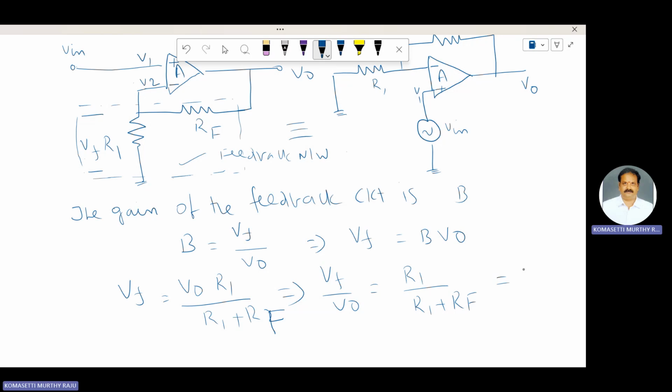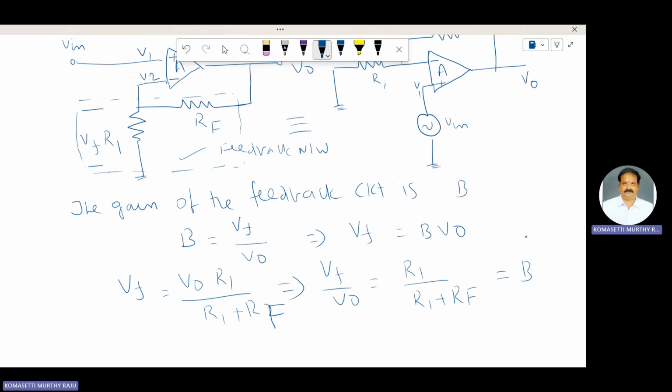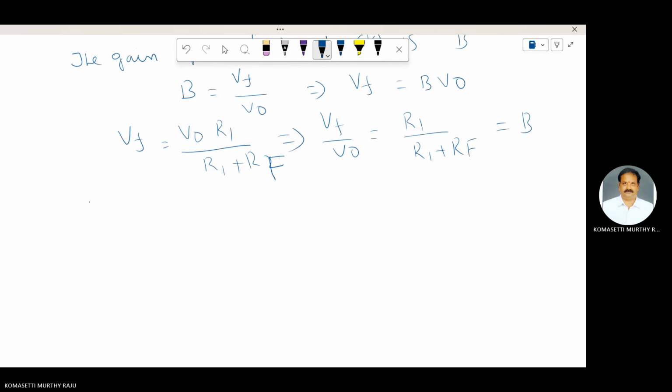This is called B, the feedback factor. Gain of the feedback network B is equal to R1 by R1 plus RF. This is the first point.